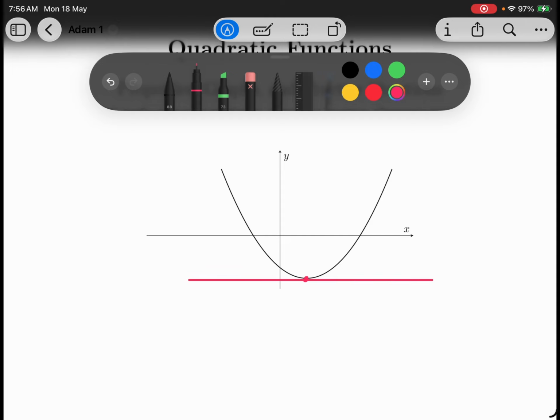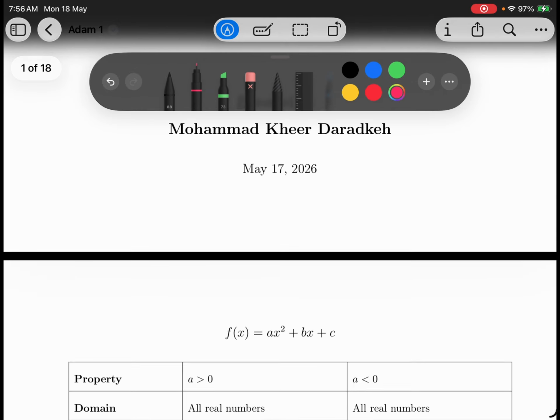And the equation of this tangent is very special. It's y equals f of minus b over 2a. So it is the y-coordinate of the vertex.